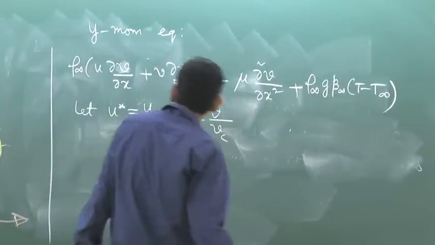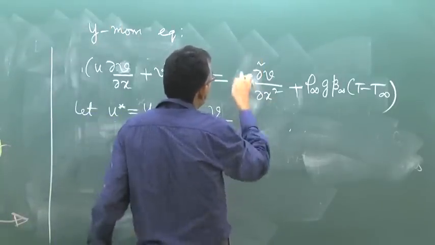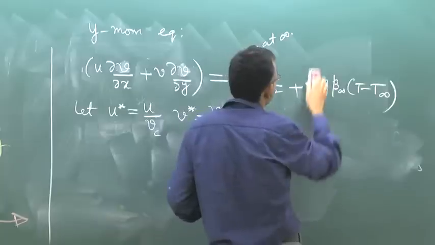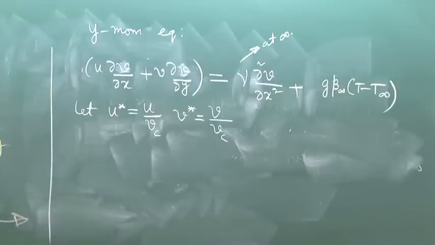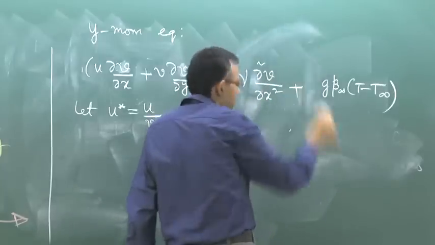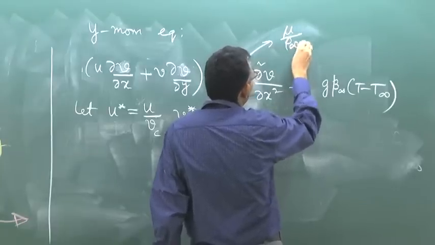So before that let us divide both sides by rho infinity, so that it becomes nu at infinity, but fundamentally it is not nu at infinity but mu by rho at infinity.